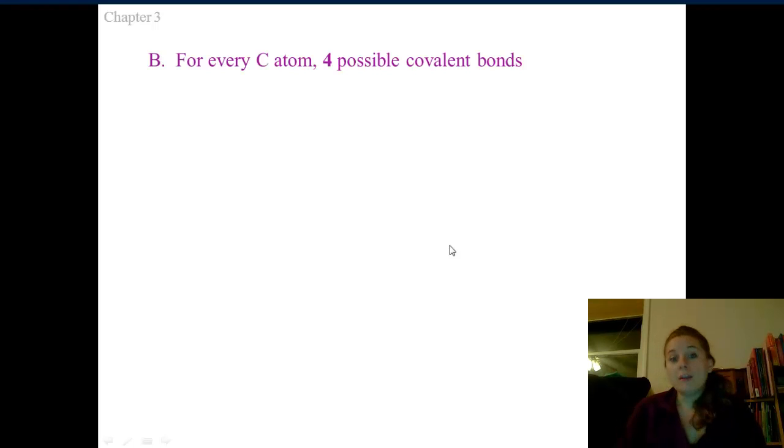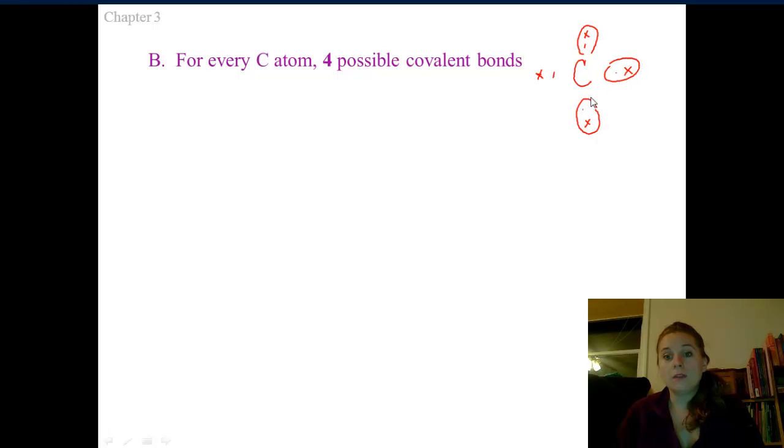Now, for every carbon atom, there are 4 possible covalent bonds. If we go back to what we talked about in class, if I have carbon, that outer shell contains 4 valence electrons. So really, what carbon has the capability of doing is matching up and sharing up to 4 other electrons.